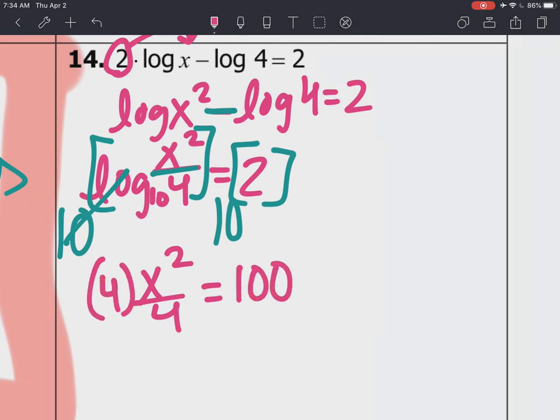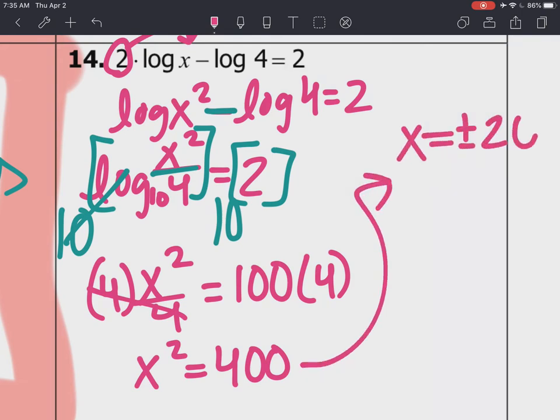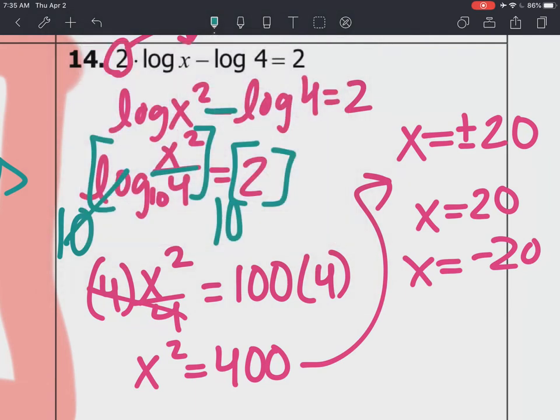So here you get 10 to the second power, which is 100. Then do the opposite, dividing by 4, which is multiplying, and you get 400. Then take the square root of both sides, and your answer should be x is equal to plus or minus 20. But I'm going to separate your answers because one of them is extraneous.